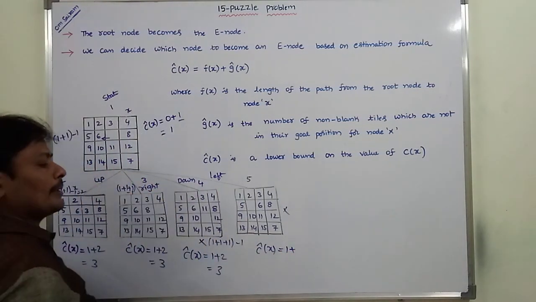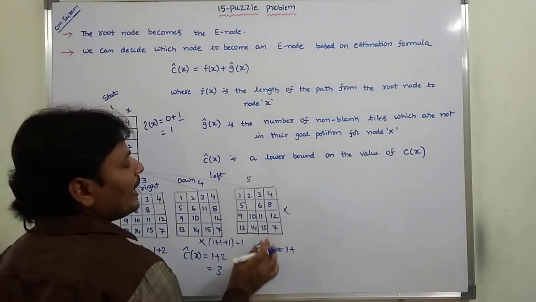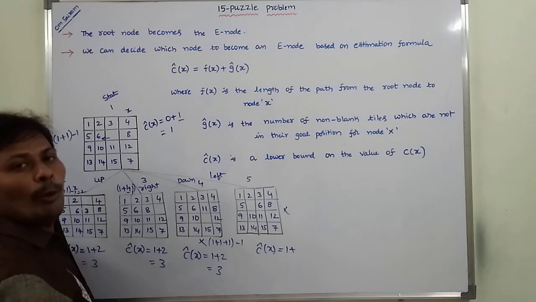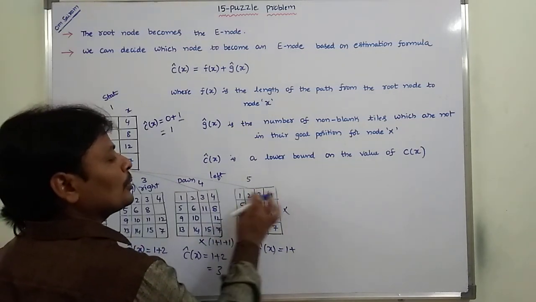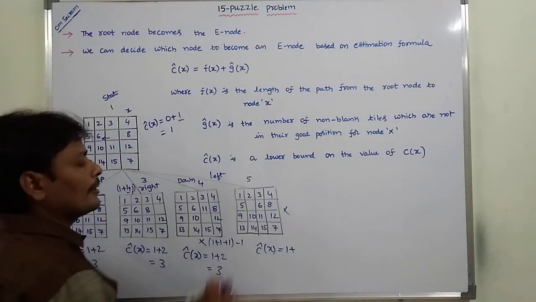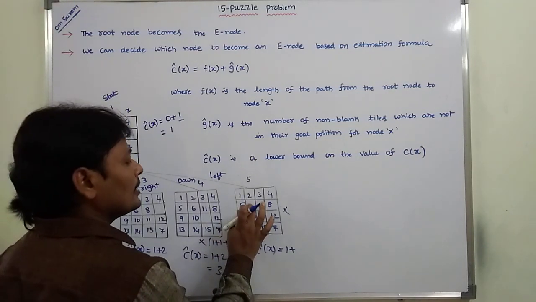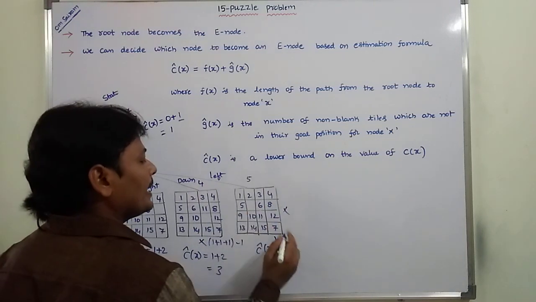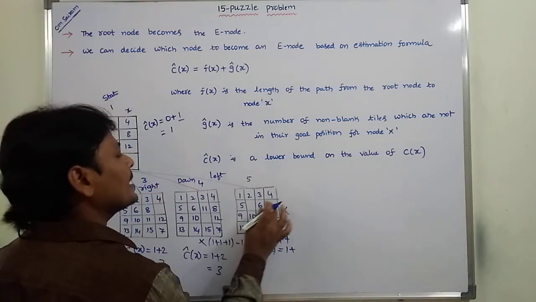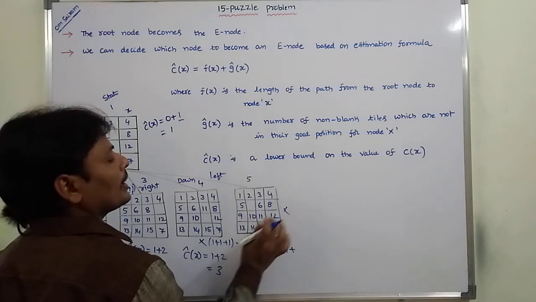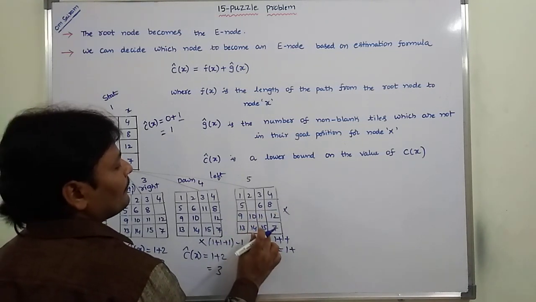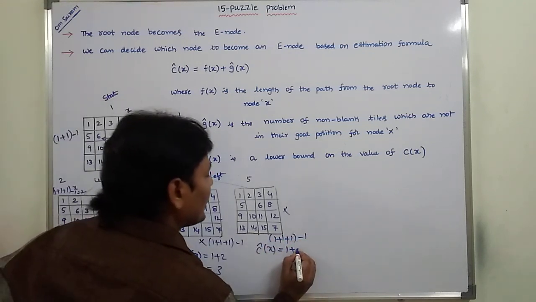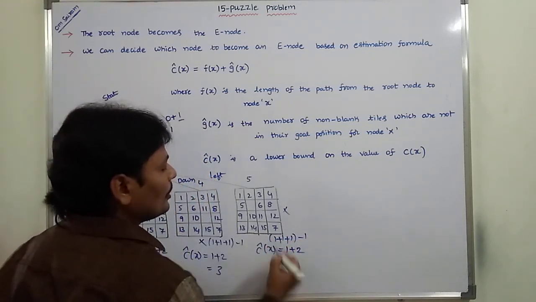Only one edge. 1 plus how many tiles are not in the correct position when we compare to the goal position. 1, 2, 3, 4 already in their correct positions. 5 already correct position. 6 is not in the correct position. 7 is not in correct position. 8 already correct position. 9, 10, 11, 12 correct positions. 13, 14, 15 correct position, and 7 not correct position, minus 1. So that is 1 plus 2, that is equal to 3.